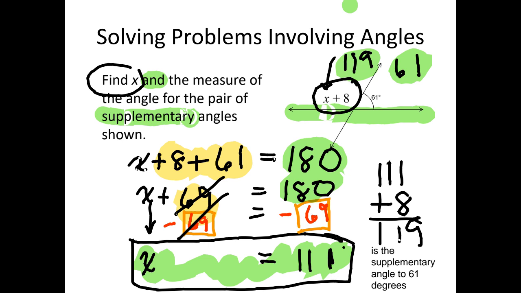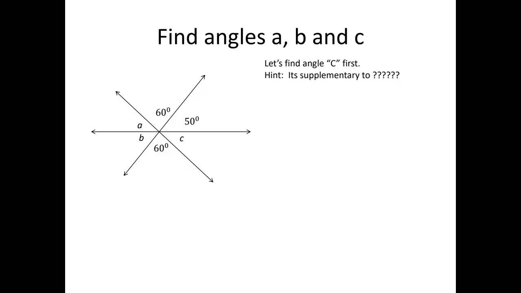Now, the next ones are going to get a little interesting. Okay? Again, straight angles. Okay, this problem is asking us to find A, B, C. Now, the first thing we're going to do is find C, which is right over here. That's where C is. But watch what happens.